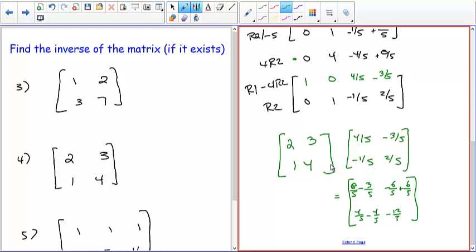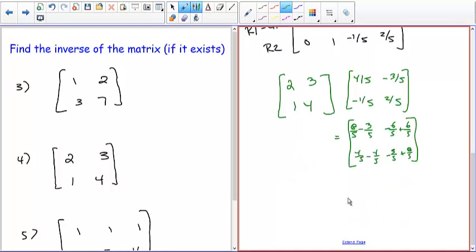And then I have, did I do that right? No, I'm doing the wrong ones here. Let's try it again. This row times that column. So you've got negative 3/5 plus 8/5. Is that right? Negative 3/5 plus 8/5.